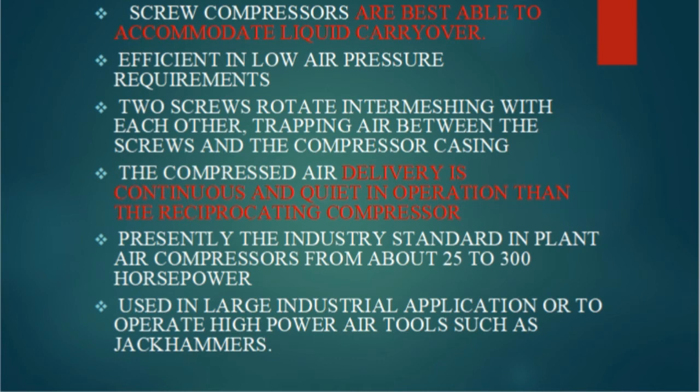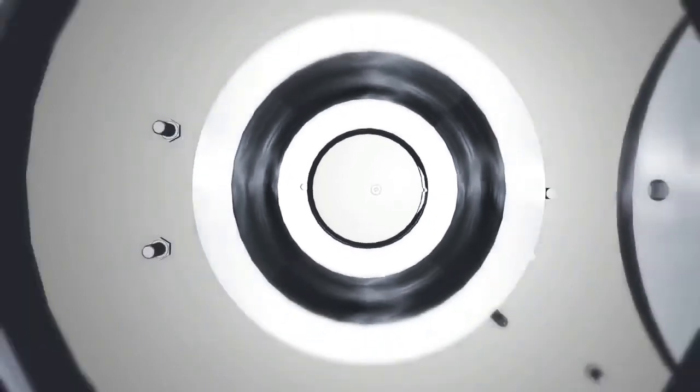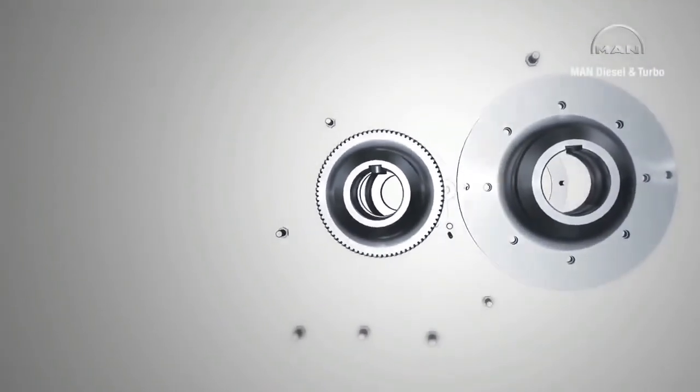Presently, it is the industry standard in plant air compressors from about 25 to 300 horsepower, used in large industrial applications or to operate high-power air tools such as jackhammers. Okay, now we will show you the video of the MAN Diesel and Turbo screw compressor operation.